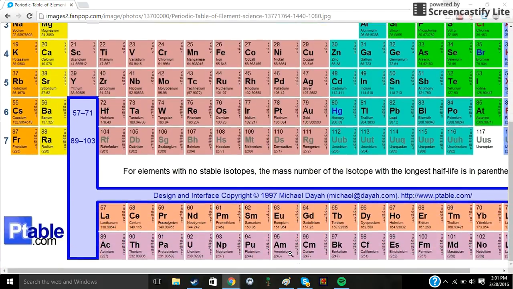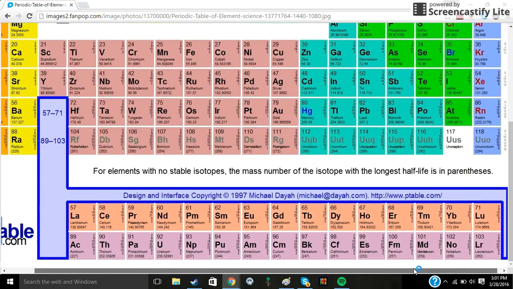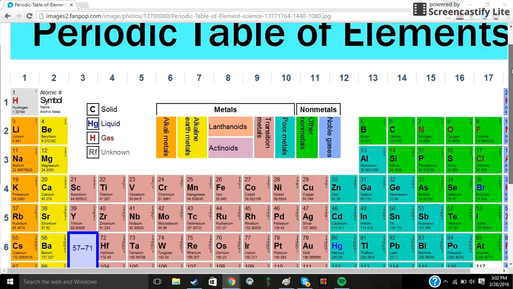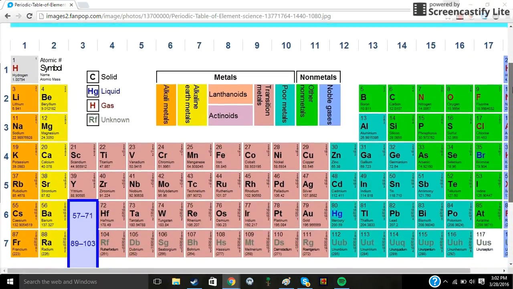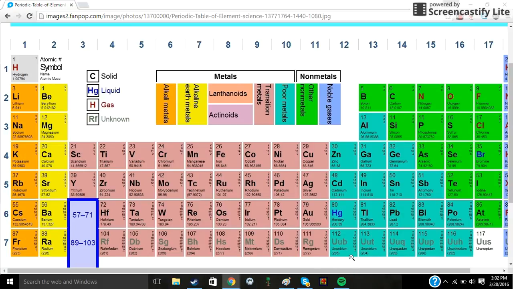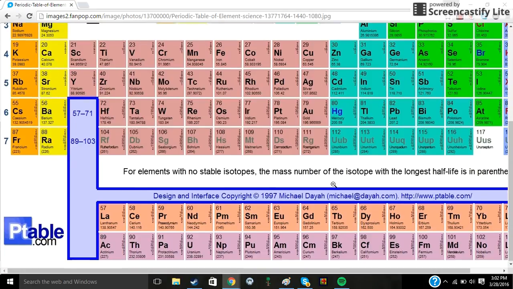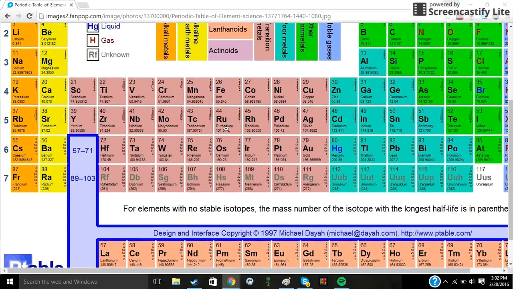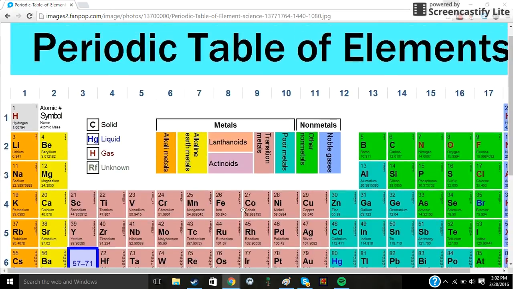Like I said, from Rutherfordium down to Ununoctium, we don't know their states of matter because they haven't even been in existence for more than a second. So yeah, I just have a little picture of the periodic table that I'm going off of.